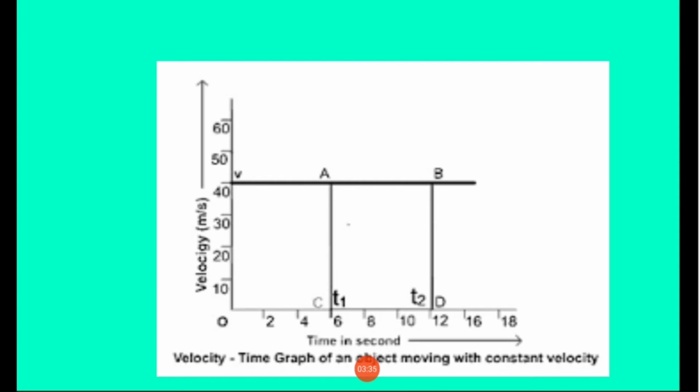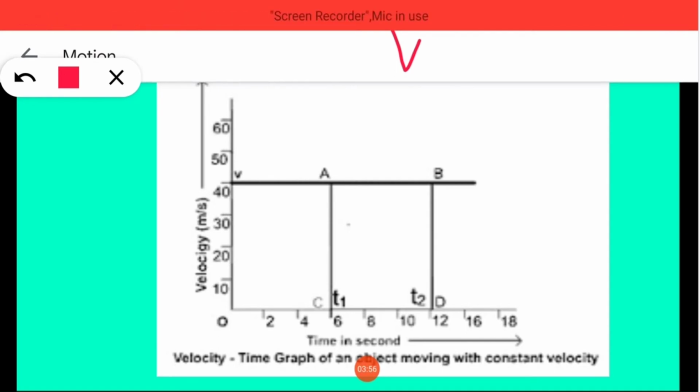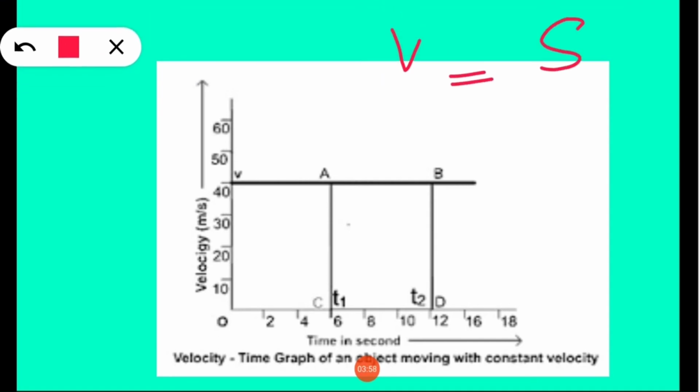So here if you see, the speed is nothing but from 0 to the parallel line, which is 40 meter per second, and the time interval is t2 minus t1, which is 12 minus 6. So I can say that speed equal to distance by time. From here we know that distance is equal to speed or velocity into time.